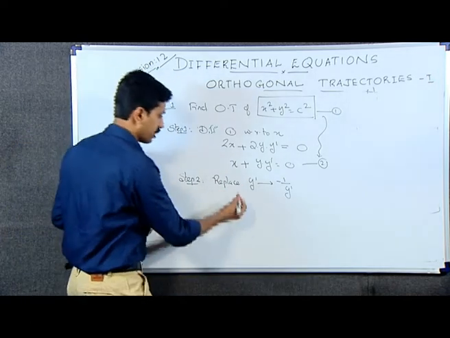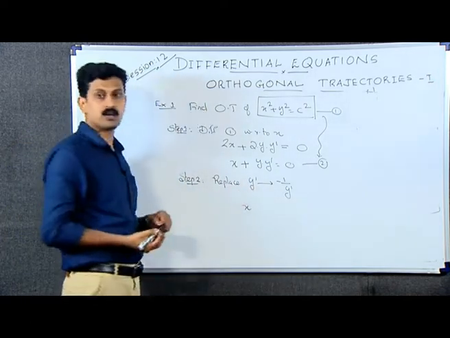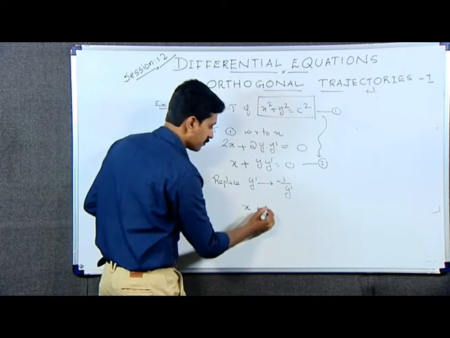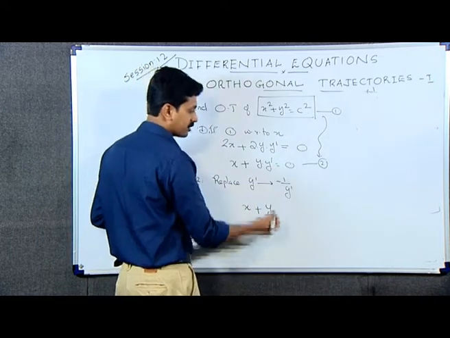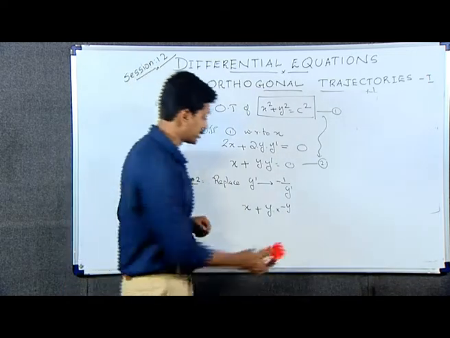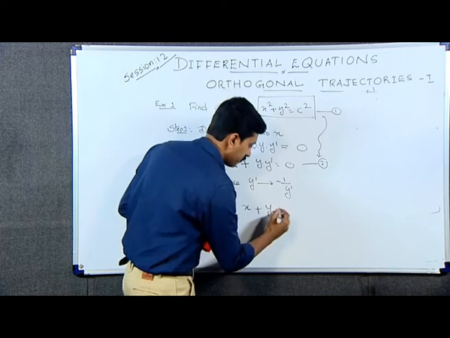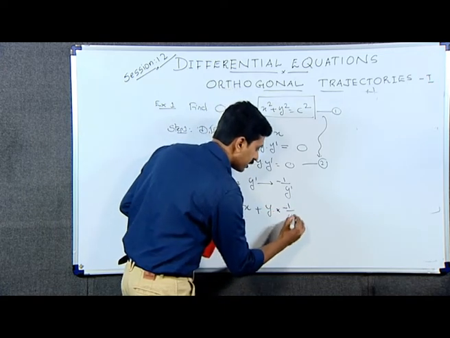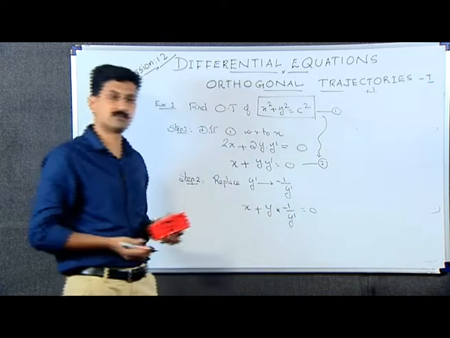So, equation 2 becomes x with no change, plus y, and replacing y dash by minus 1 by y dash, equal to 0.